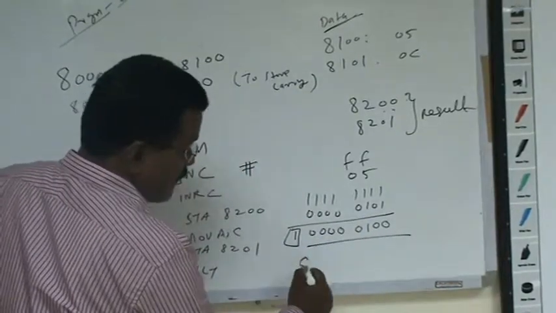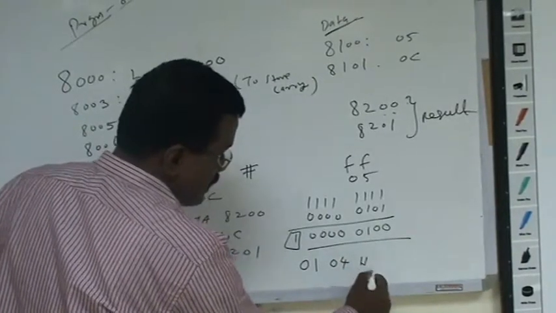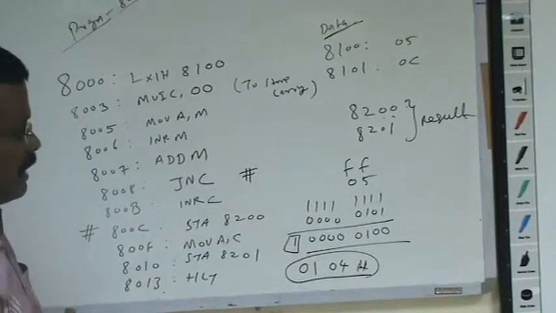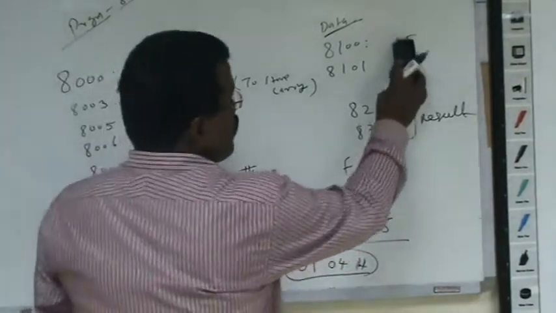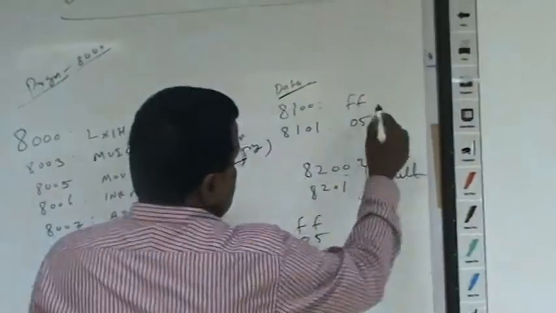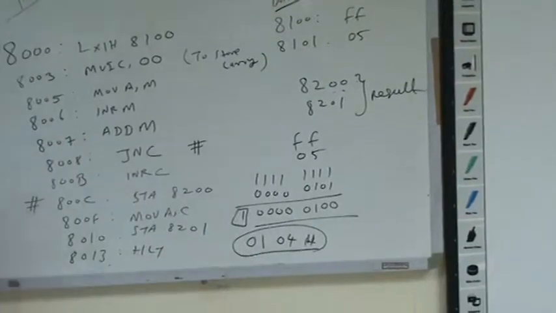Now the result is 0104 hexadecimal. This is a 16-bit number, 0104. So in this case, suppose the memory location 8100 consists of FF and 8101 consists of 05, whenever you add these two numbers, the result is 0104.